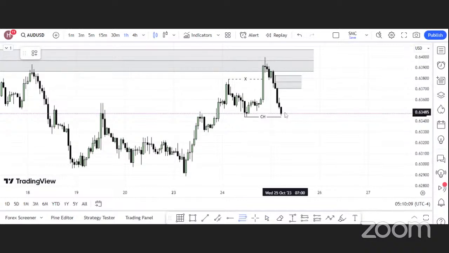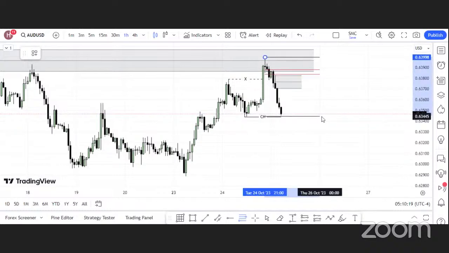But now we still have the opportunity. When this market creates a low now, we can then draw our liquidity and use our Fibonacci tool to get where the market might reverse from. But first of all, I want this market to break this change of character, this low. I want the market to go below the low.